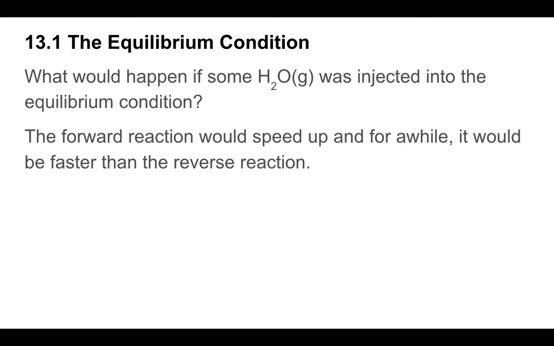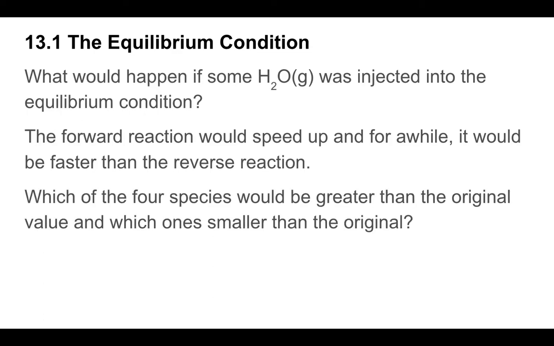And for a little while, the forward reaction will be going faster than the reverse reaction. So we won't be at equilibrium for that small amount of time. But then eventually the reverse reaction catches back up and the forward reaction slows down enough that you reach an equilibrium again.